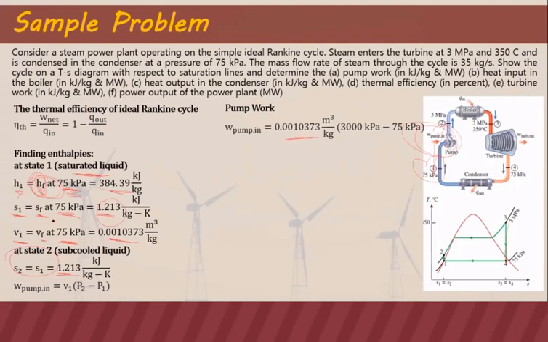So v1 is 0.001037 m³ per kilogram multiplied by the pressure at 2. Just make sure that the pressure is in kilopascal, so we have to convert megapascal to kilopascal. That's 3000 kilopascal minus 75 kPa, the pressure at 1. So our pumping work is 3.0341 kilojoules per kilogram.